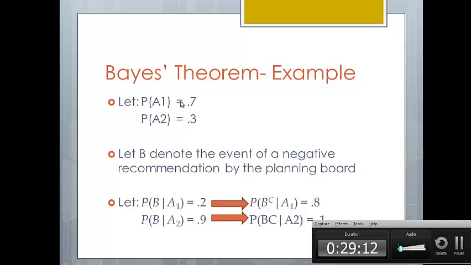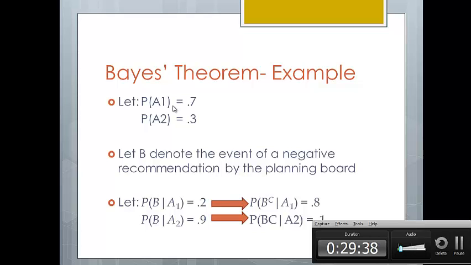So there's a 70% probability that the town council does approve the zoning change and a 30% chance that the town council does not approve the zoning change. That's information that's given to you. Then let B denote the fact that the planning board makes a negative recommendation.